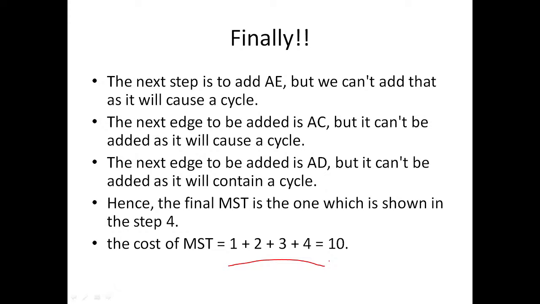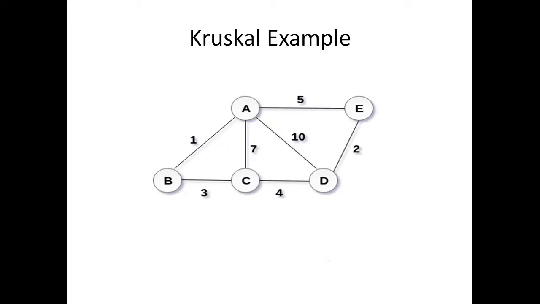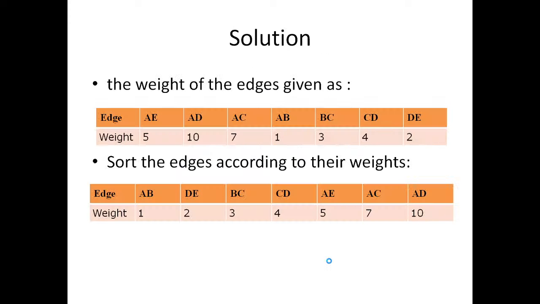I'll repeat. No matter if you have understood or not, I'm repeating. First, see the graph, make a table, and keep in the table every edge name and corresponding edge weight. Next step is to sort the table from minimum to maximum.